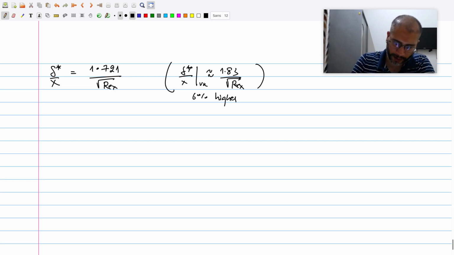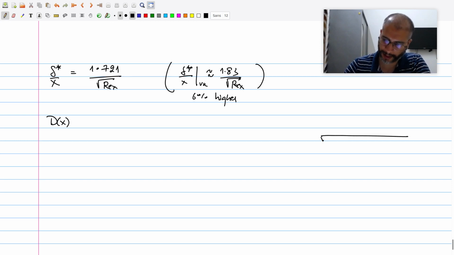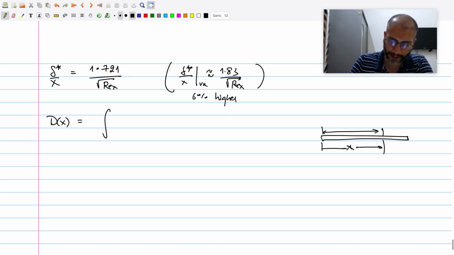The main aim is typically to find the drag. If we're talking about a flat plate, let's say some general distance x. If you want to calculate the drag that the shear stress is applying on this length x in total, you have to integrate the wall shear stress, which is a function of x, from 0 to x, and multiply this by the area, which is dx times the width b.